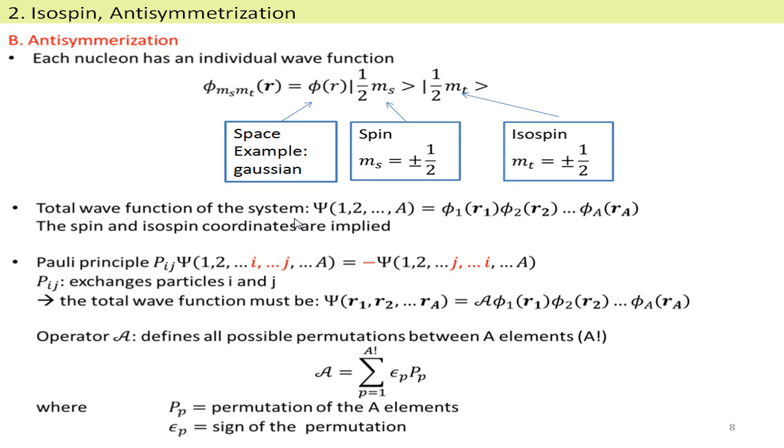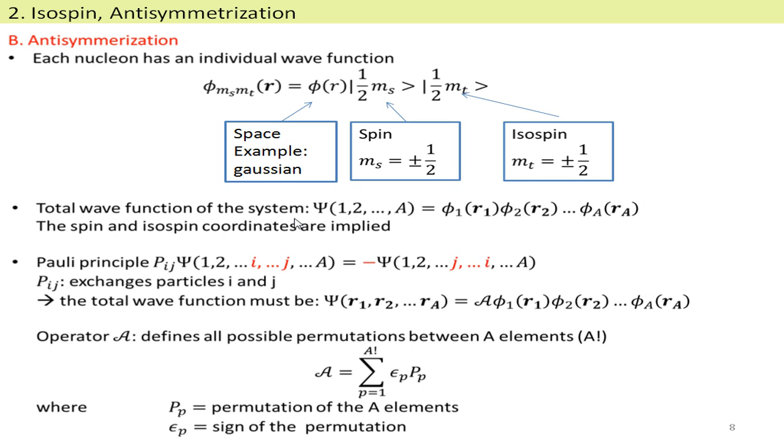And then with the isospin formalism, we can just add here one additional part to the wave function, which is the isospin component. And again, the isospin is 1/2, and there are two projections according to whether you have a neutron or a proton. So this is for a single nucleon.